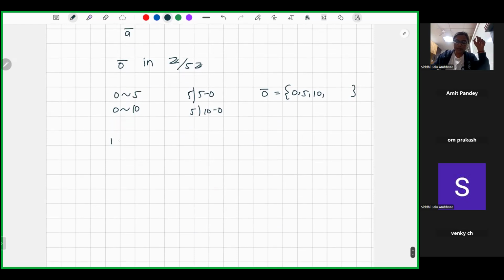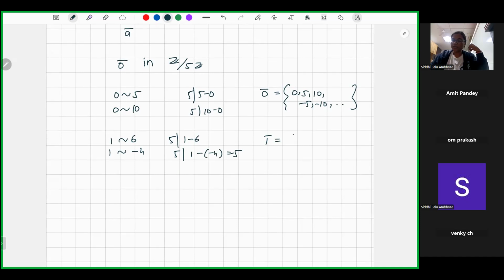Similarly, what will come under the equivalence class of 1? Not only these, but minus 5, minus 10 and so on will also be there. For example, 1 is related to 6, because 5 divides 1 minus 6. 1 is also related to minus 4 because 5 divides 1 minus minus 4, which is 5.